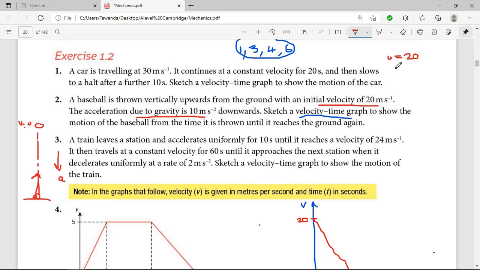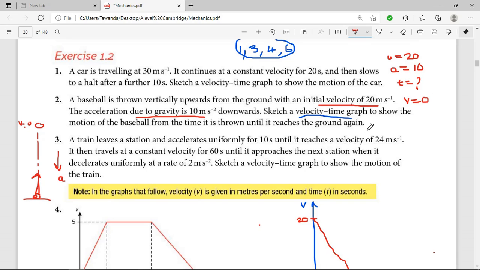And we are given acceleration, which is equal to 10, and always acts downwards. And we want to find t. We don't know the value of t, but we know at maximum height v is equal to 0.